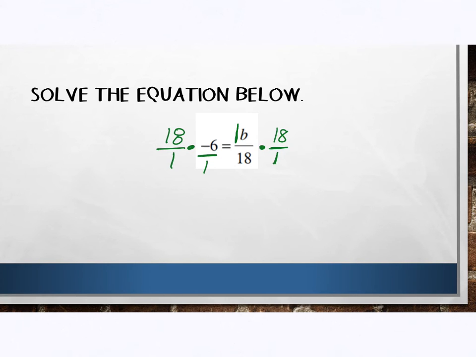Go ahead and put my 1 underneath there to help myself out. 18 times negative 6 will give me negative 108 over 1 is equal to 18b over 18. We know that when the numerator and denominator are the same, it is equal to 1. So that's going to get 1b by itself. And when the denominator is a 1, whatever is in the numerator is your answer, which is our whole number. So b is equal to negative 108.